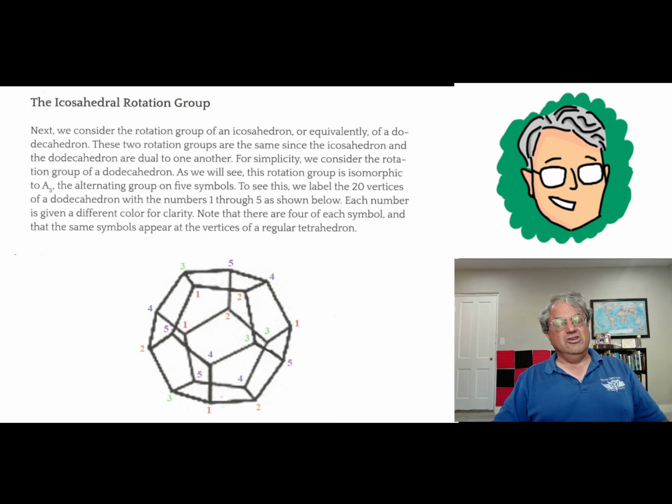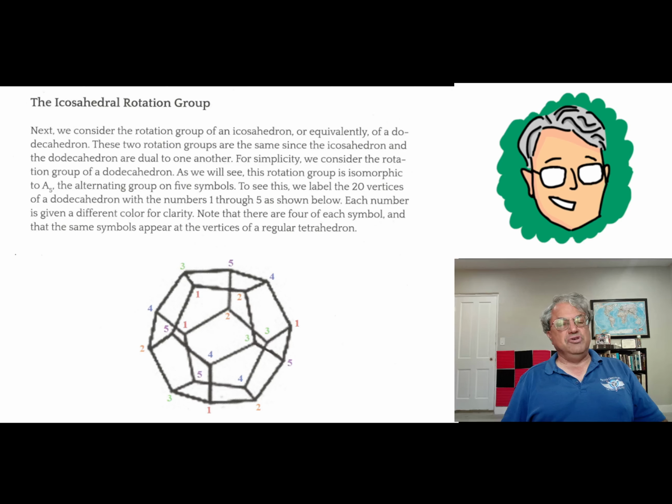And what I really want to show today, like I did yesterday, is that the icosahedral rotation group is isomorphic to A5. In other words, the group of alternating permutations on 5 symbols. We could just use the numbers 1 through 5.